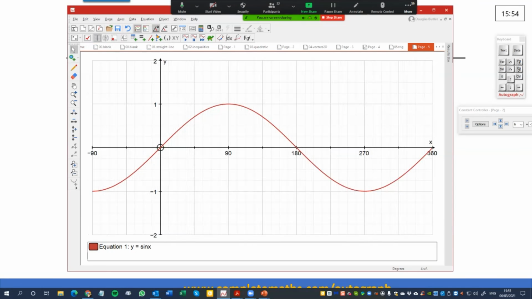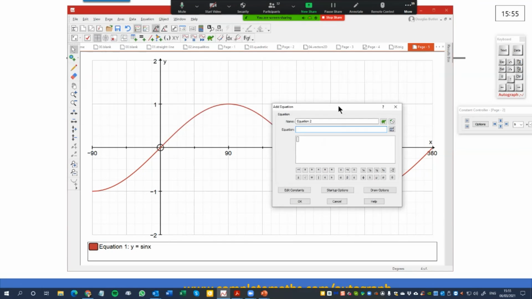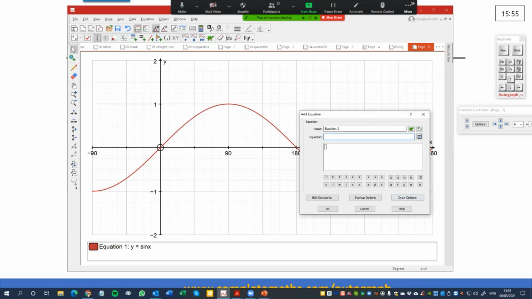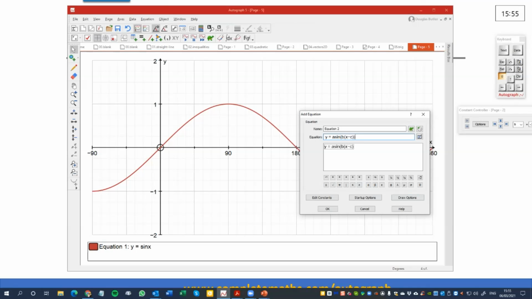Now if you've got your basic sine wave here, let's see how it can be altered by various transformations. I think it's good to have the host one still there. Let's do y equals a, that'll just be a number, it's 1 to start with, sine, open brackets, b, open brackets, x minus c, close brackets, plus d.